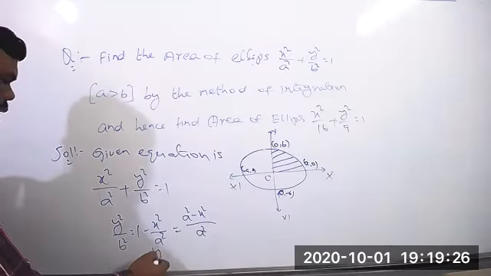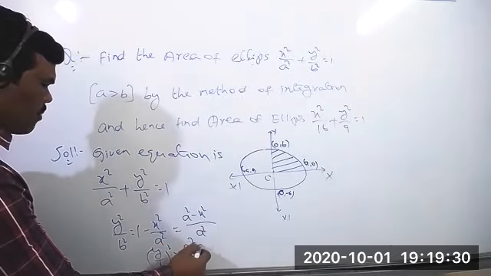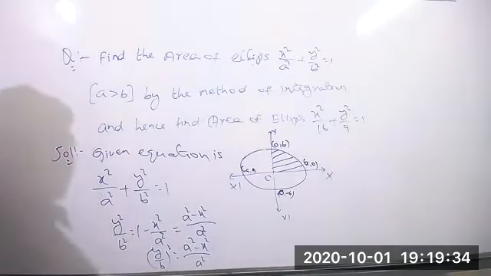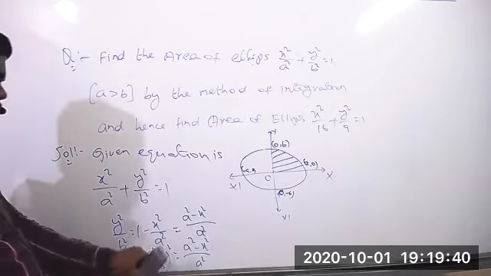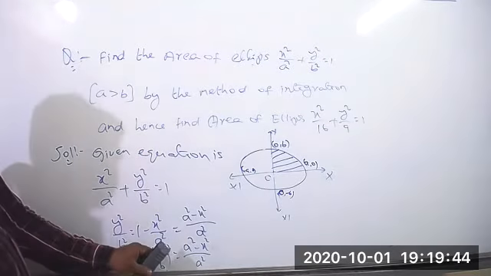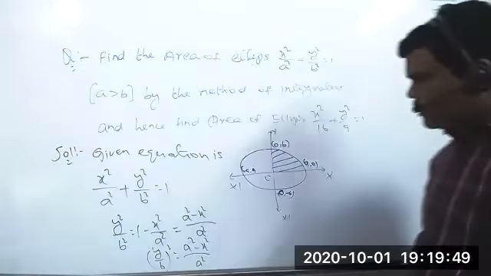So we can write y by b whole square is equal to a square minus x square by a square. Now take the square root on this side also. Then what will we get?